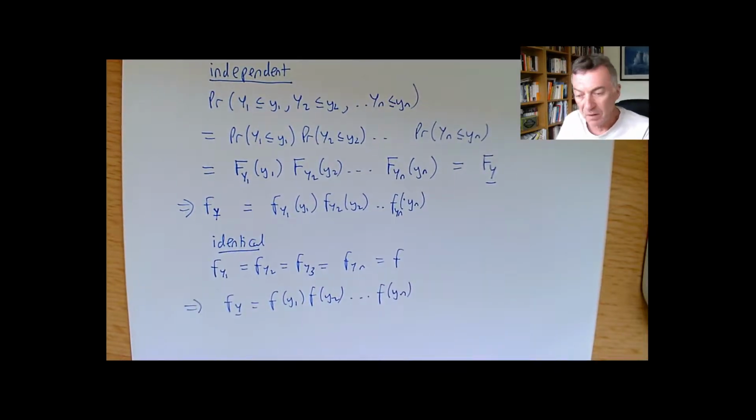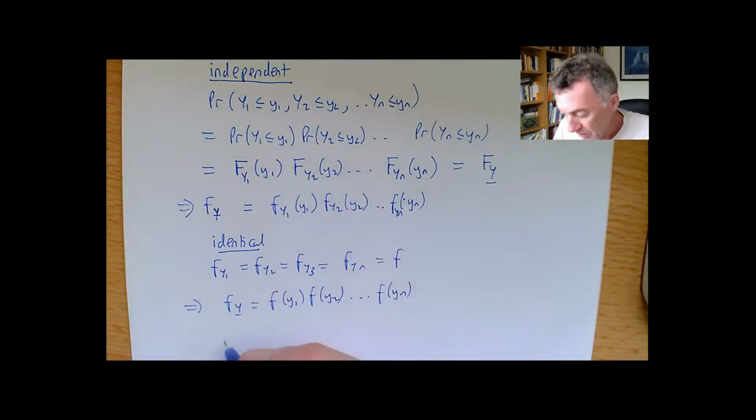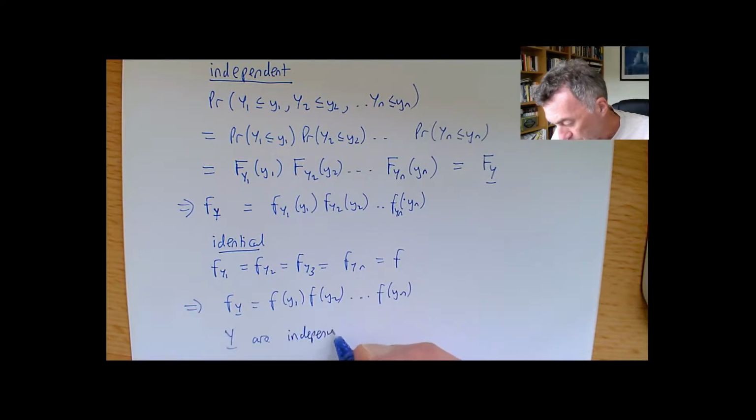Now, when you have both these conditions, independent and identical, statisticians like to say that the variables y are independent and identically distributed.